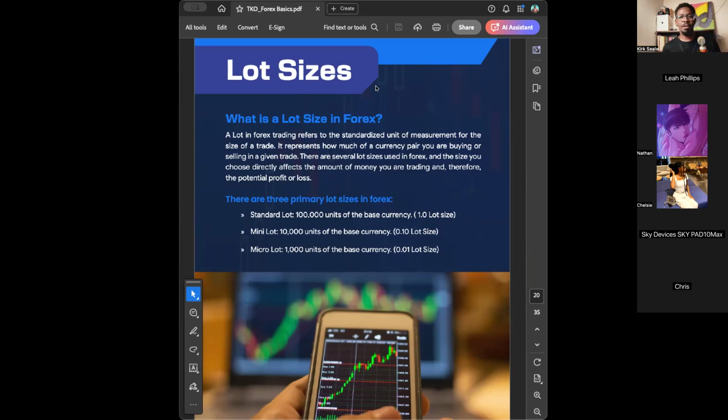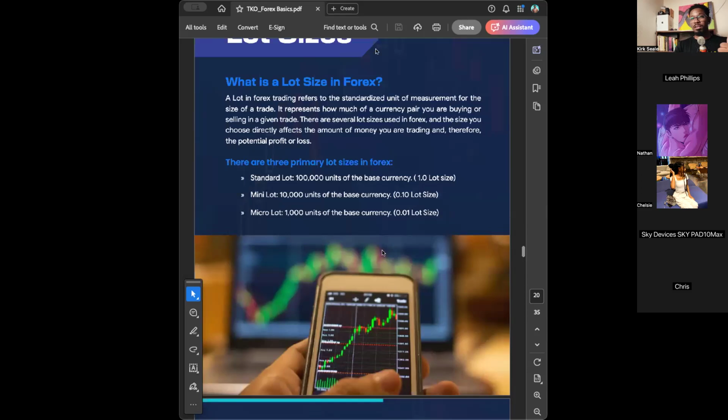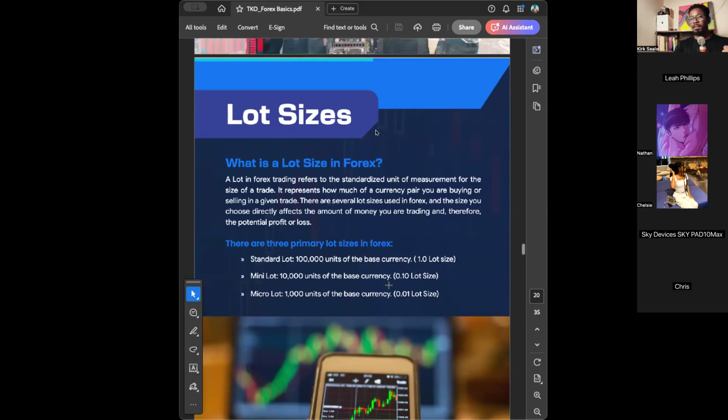Perfect. Now, here's the deal. The lot size is another part of the equation. So we have the pips, you have the lots, but we still need to take account for our risk, because we want to make sure that our risk is within that 3% range.